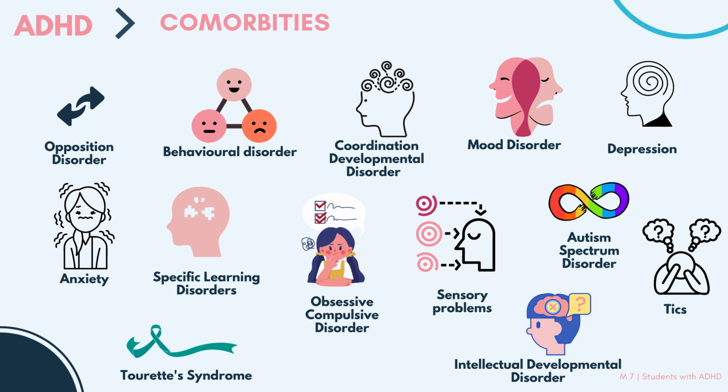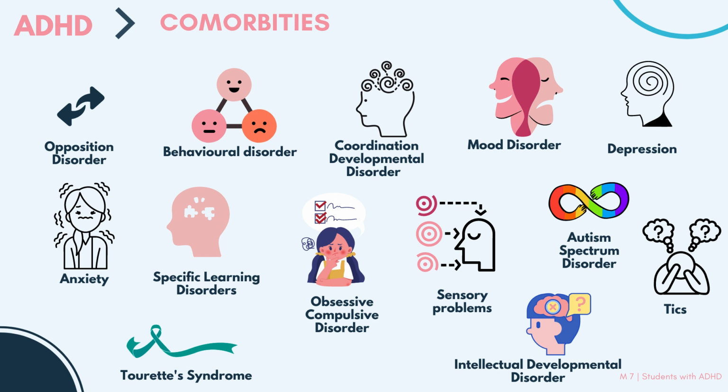They are opposition disorder, behavioral disorder, developmental coordination disorder, mood disorder, depression, anxiety, specific learning disorders, obsessive-compulsive disorder, sensory problems, autism spectrum disorder, tics, Tourette syndrome, intellectual developmental disorder. We will talk a bit about each of them. You can also find out more by consulting Module 7 of the Good Practice Manual plus Inclusive Education, available on the project website.